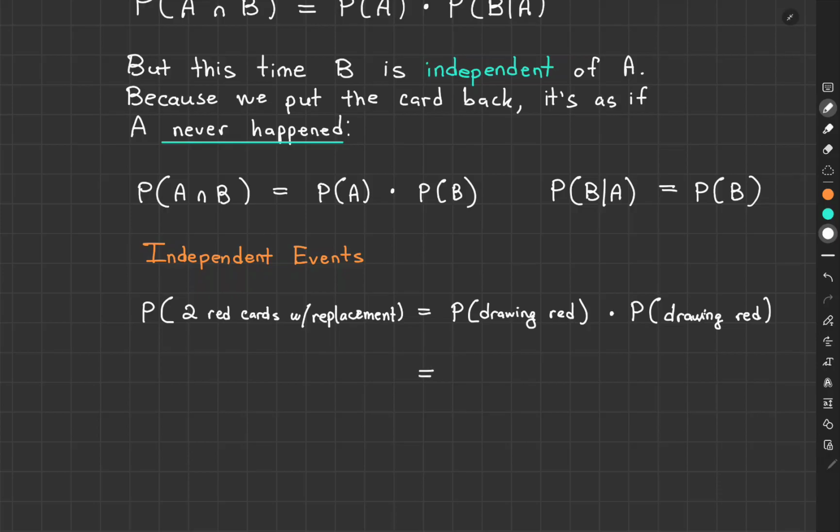It's almost as if it never happened. So this probability is still 26 out of 52, and for the second time it remains 26 out of 52. Nothing changes. These both simplify to 1/2, and your total probability comes out to 1/4, or 25%.